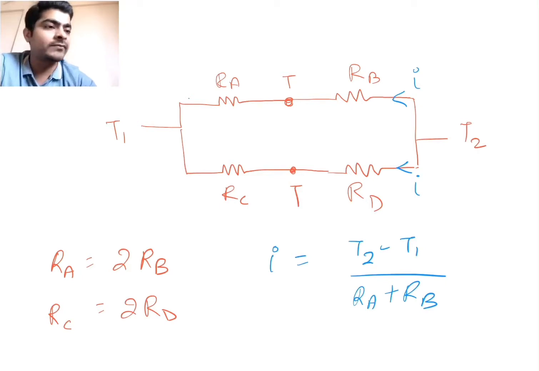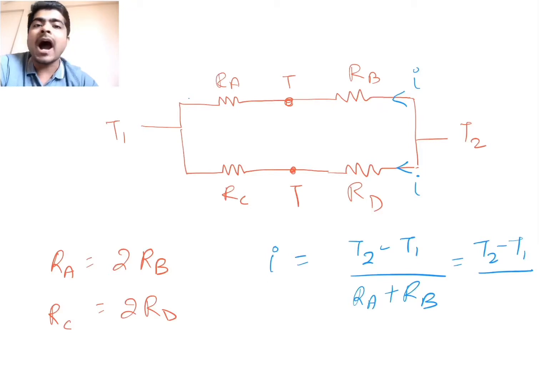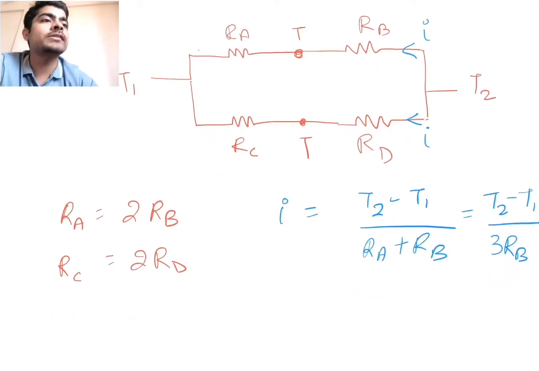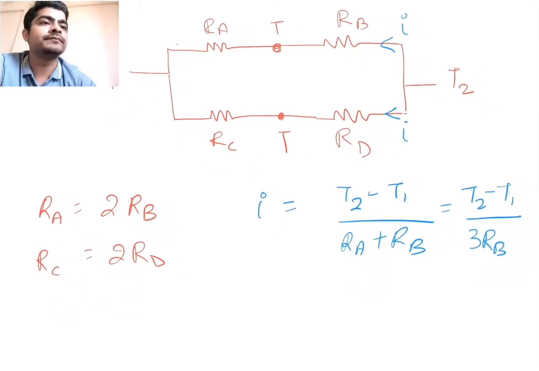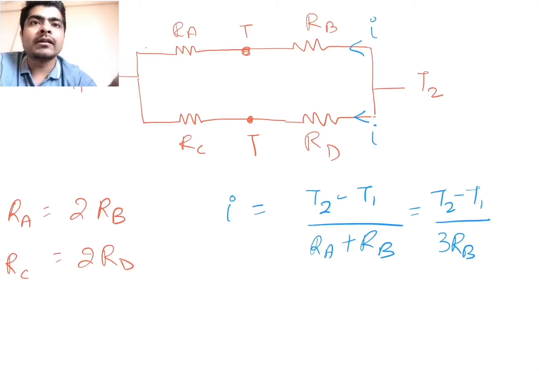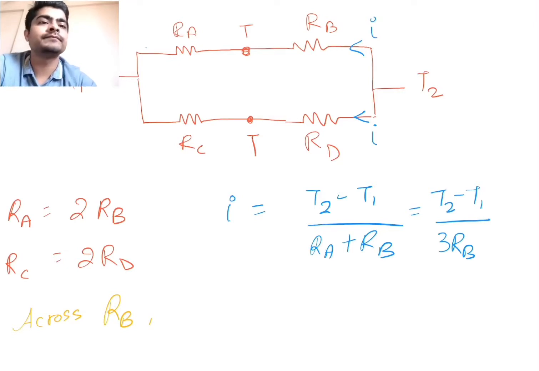Ra is 2 Rb, so we could write this as T2 minus T1 divided by 3 Rb. So we found I. Now across the resistor Rb, I will again be equal to T2 minus T divided by Rb.